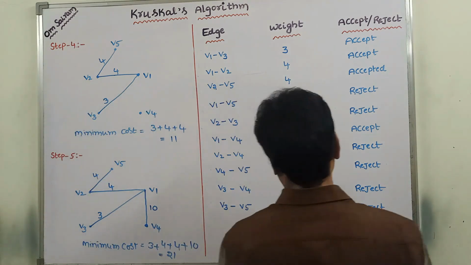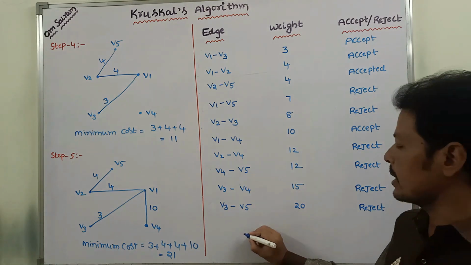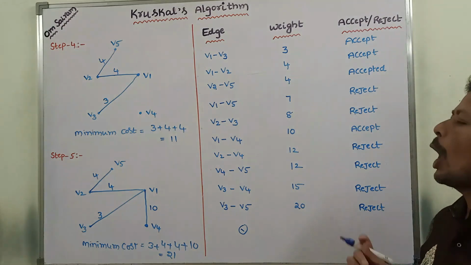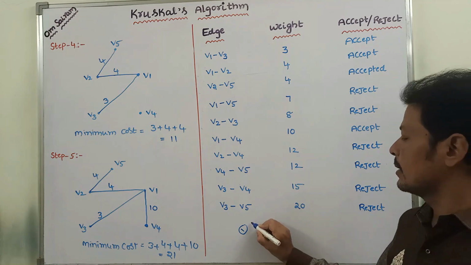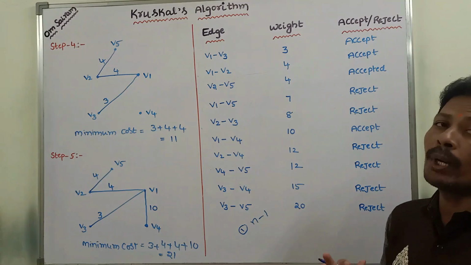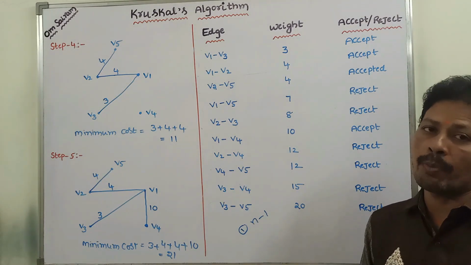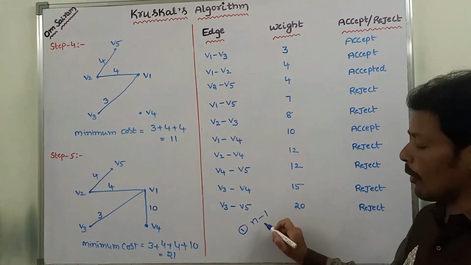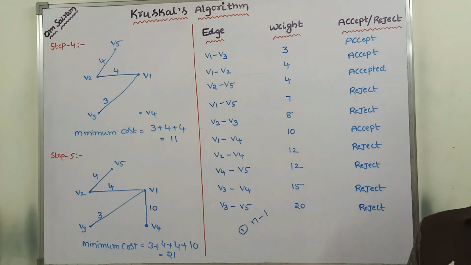We check whether it is correct or not by checking two conditions. The first condition: after constructing the spanning tree, how many edges are present? The formula is n minus 1, where n is the number of vertices.